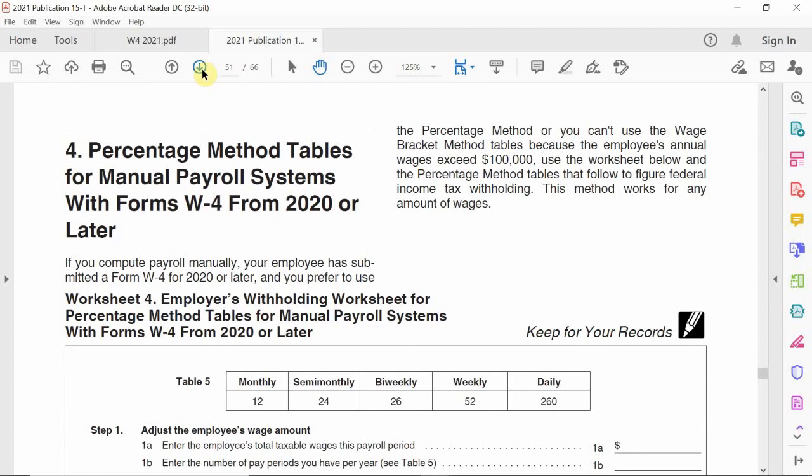Table number 4 is what we're going to be primarily focusing on. But this entire tax table gives you every scenario for both bracket and percentage method, for both manual and automated services, for both the W-4 form for 2020 and later and the W-4 form for 2019 and earlier.